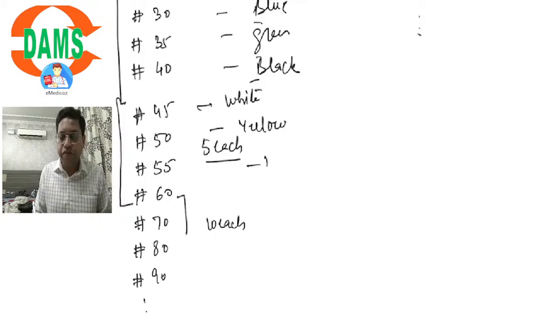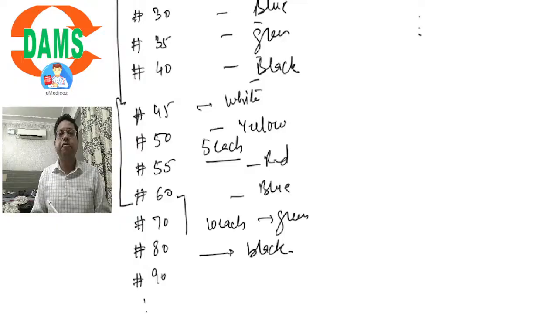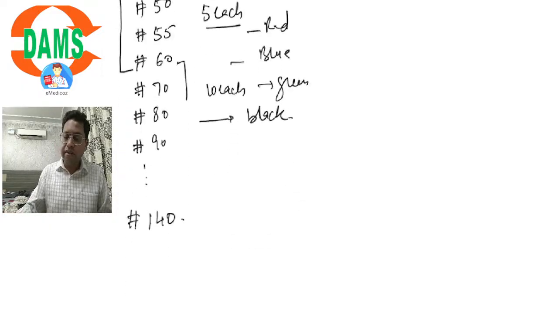Subsequently, yellow, red, blue, green, and black. 6 standard colors that keep on repeating cyclically, and you can always calculate the D0 or diameter at tip of the instrument.